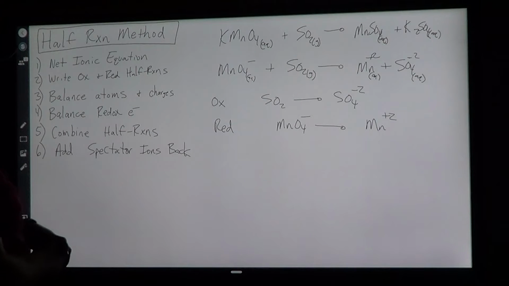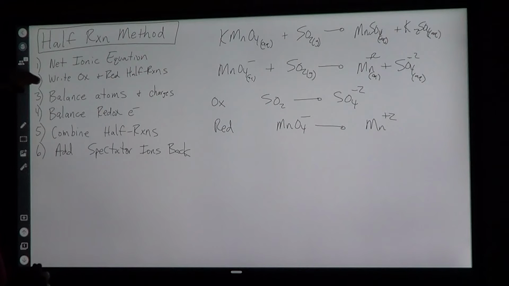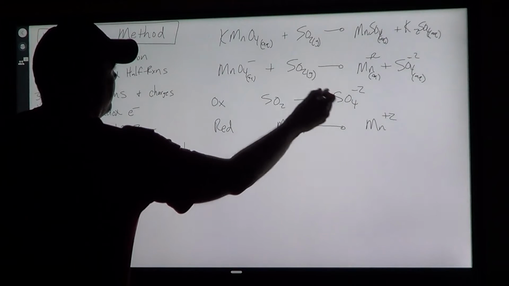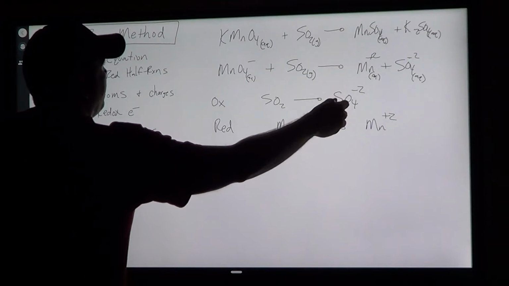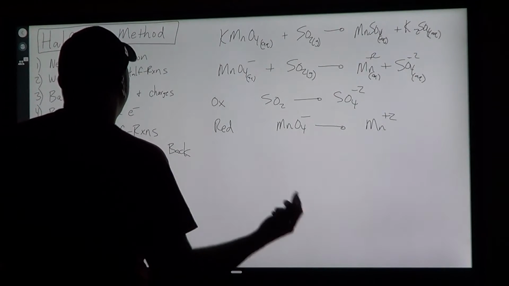Okay? So, the next thing we're going to do is try to balance the atoms and their charges. Now, what's important on this is you'll notice there's no number I can write on the left and the right side that'll make those two balance. Okay, so here's what we've got to know.